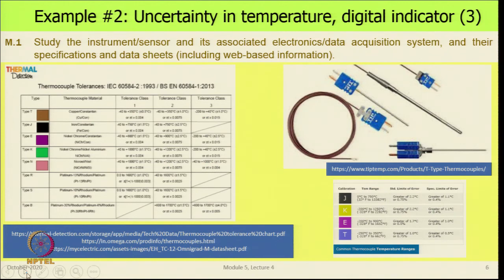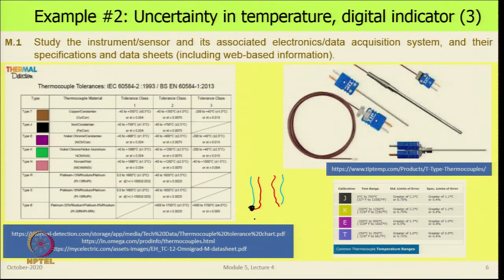Now, let us look at thermocouples. So, the principle of a thermocouple is that we take two different types of wires and fuse them at one end to make what is called a bead.